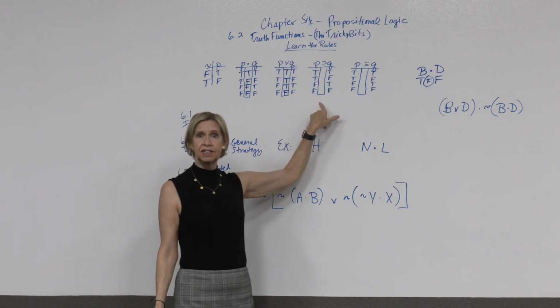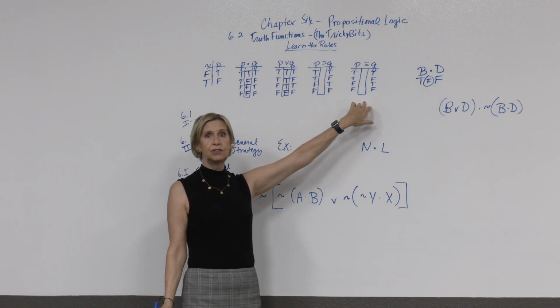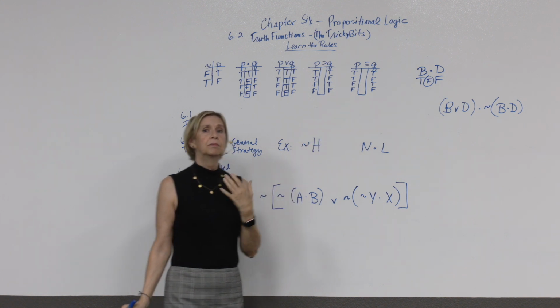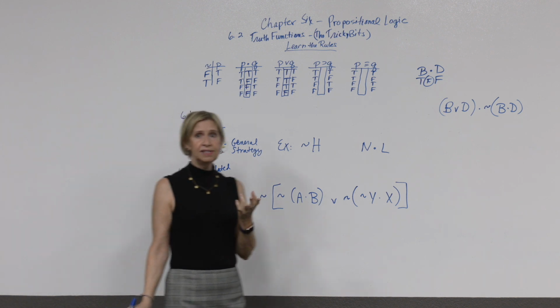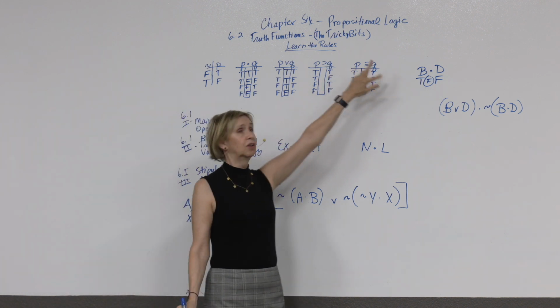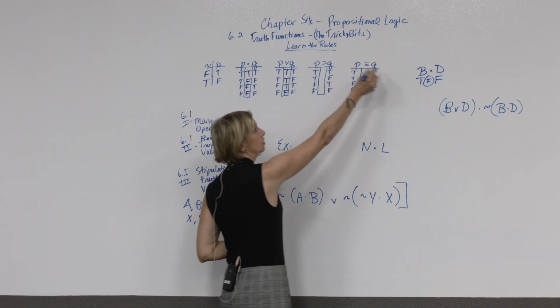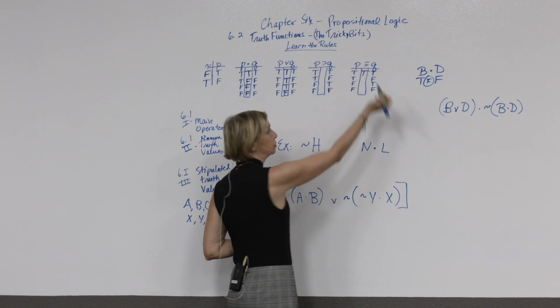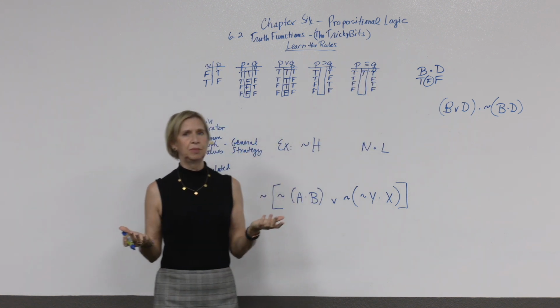I'm going to skip over the conditional for a moment because it's a little trickier. I want to go to the triple bar, the biconditional or equivalence. The way that operates is that it is true when the statements on either side are the same. So to the left and to the right, if they are both true, it's true. However, if they are opposite, they obviously can't be equivalent.